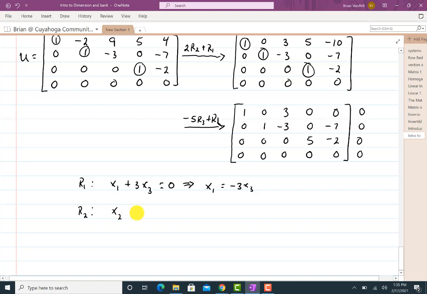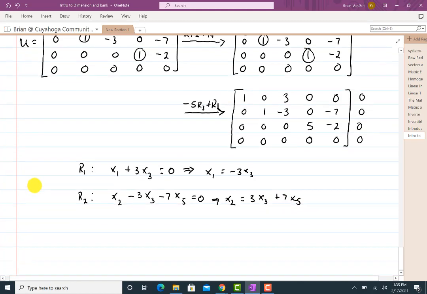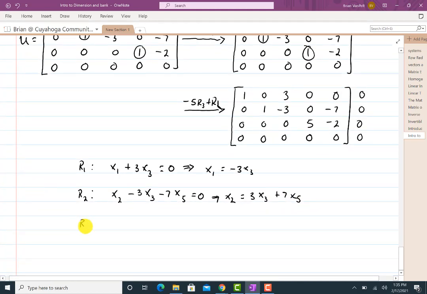We get x2 minus 3x3 minus 7x5 equals 0, and so x2 equals 3x3 plus 7x5. Row 3 tells me that 5x4 minus 2x5 equals 0.